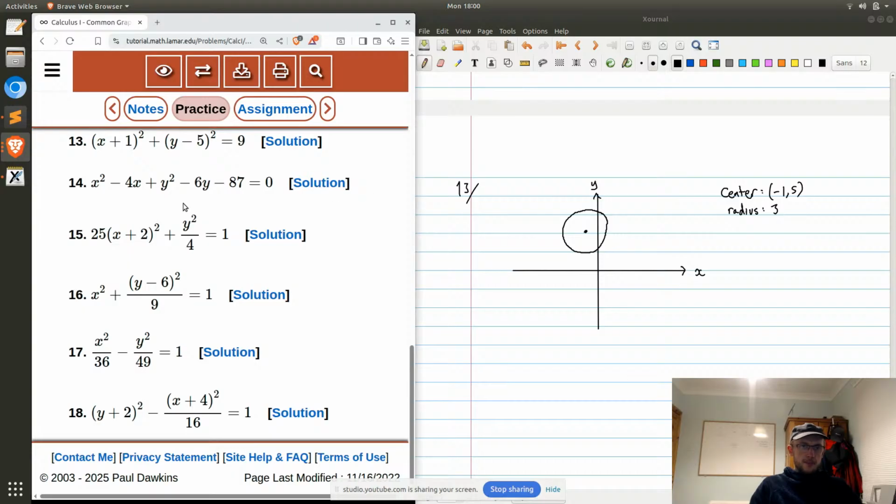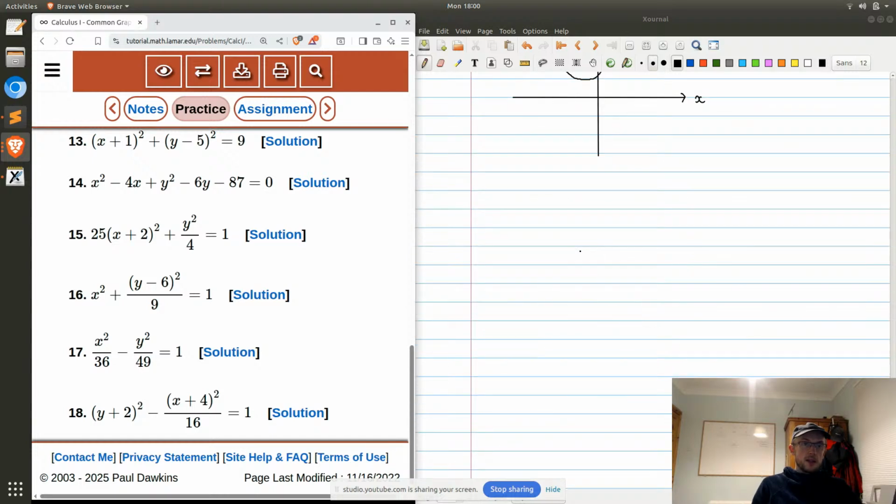Now this, well, I don't know what it is. It's something in disguise. So what I'm going to do is the x squared and -4x are right next to each other.